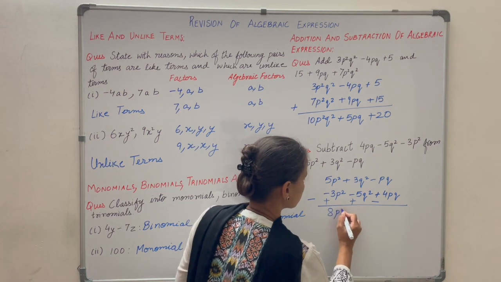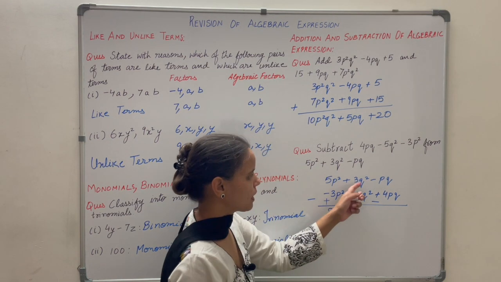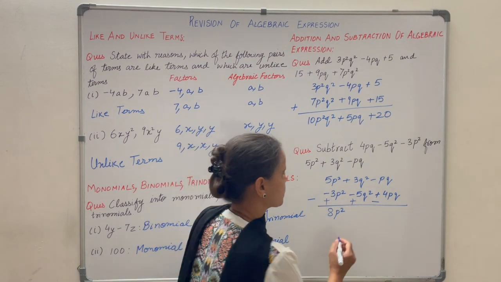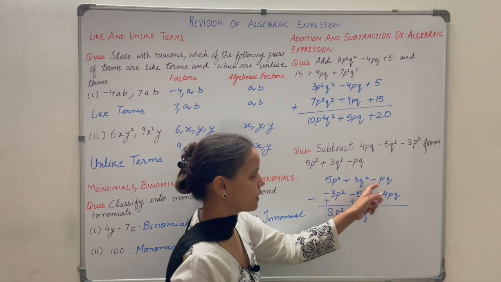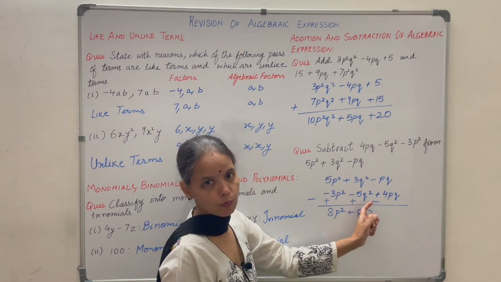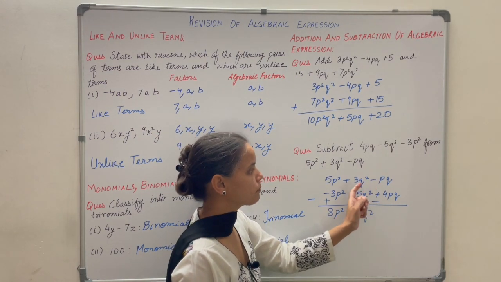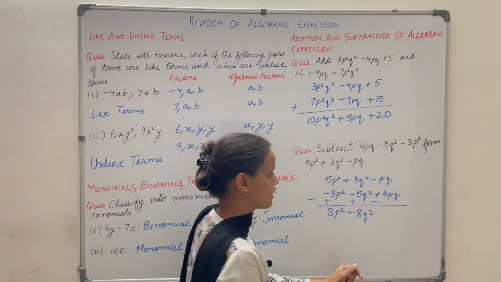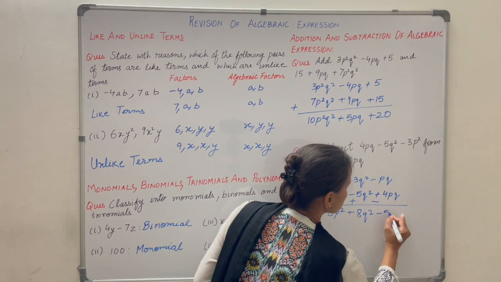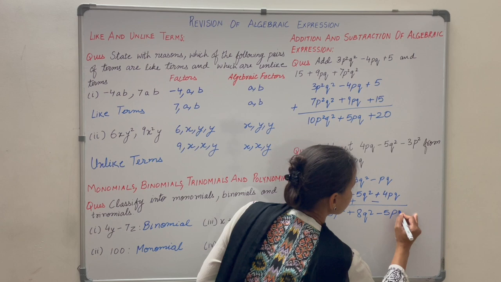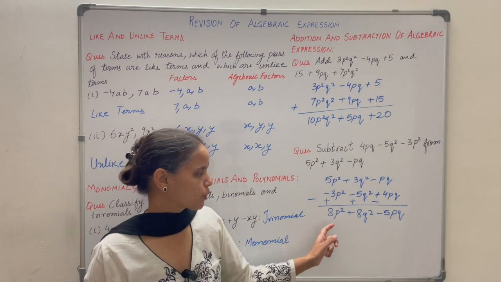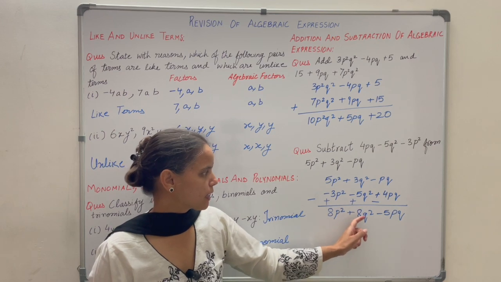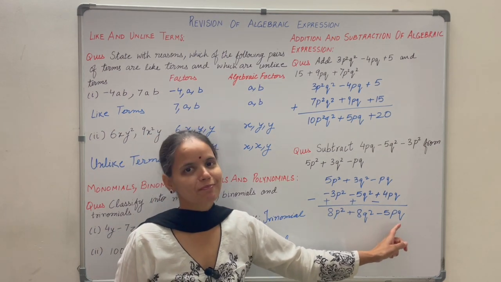So here it is 8p square plus 3 plus 5 is plus 8q square, minus 1 minus 4. So minus 1 plus of minus 4 is minus 5pq. So the answer for this question is 8p square plus 8q square minus of 5pq.